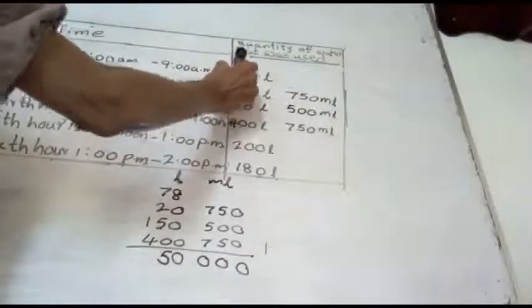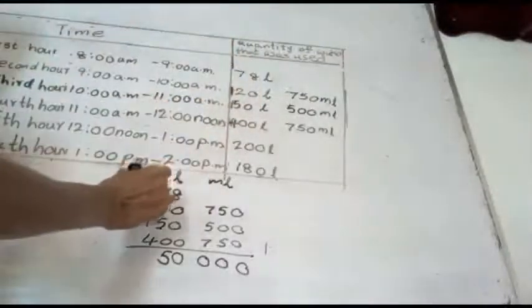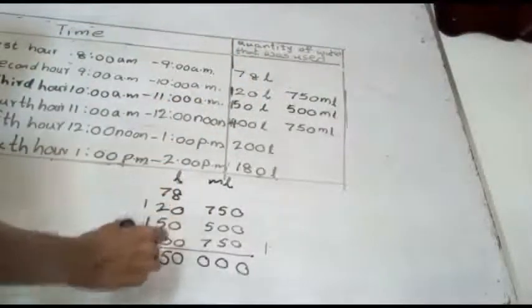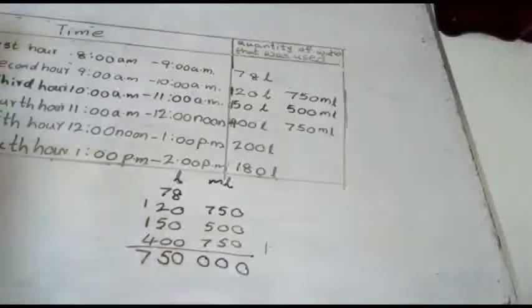Here 120. 1 plus 1, 2. 2 plus 1, 3. 3 plus 4, 7. Addition is 750.